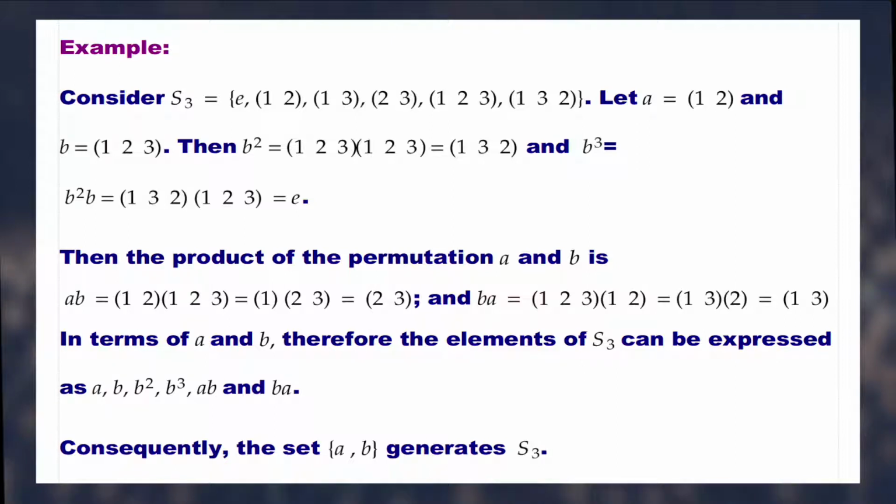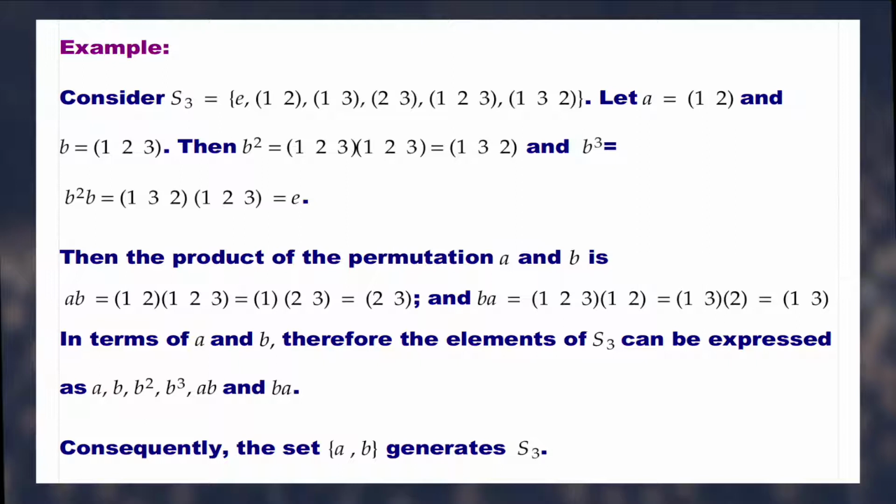So B squared times B is equal to (1 3 2) times (1 2 3), which is the identity. 1 goes to 2 and 2 goes to 1, implies 1 goes to 1. Next, 2 goes to 3 and 3 goes to 2, implies 2 goes to 2. Similarly, 3 goes to 1 and 1 goes to 3, implies 3 goes to 3. So finally we get the identity permutation.